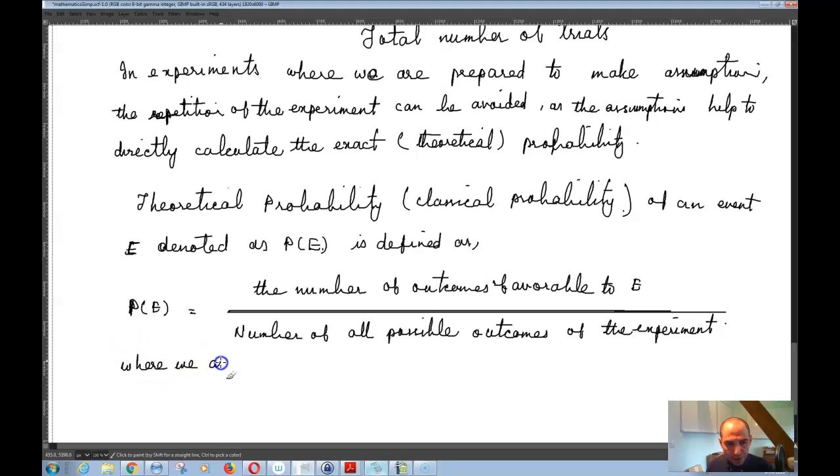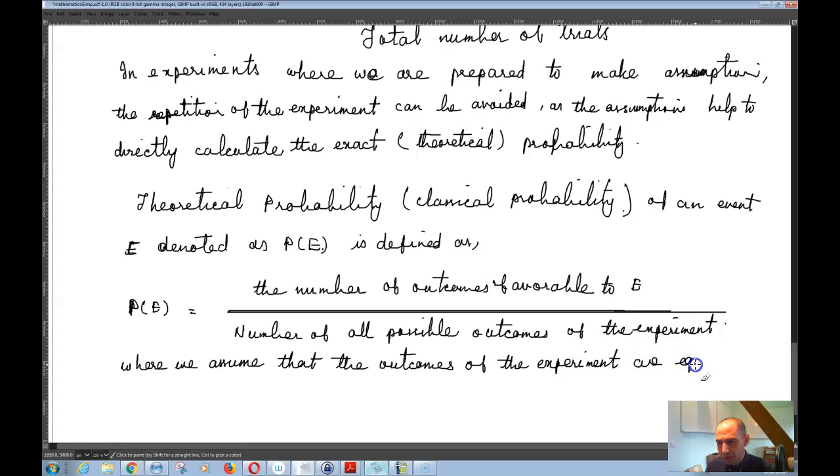Where we assume that the outcomes of the experiment are equally likely.